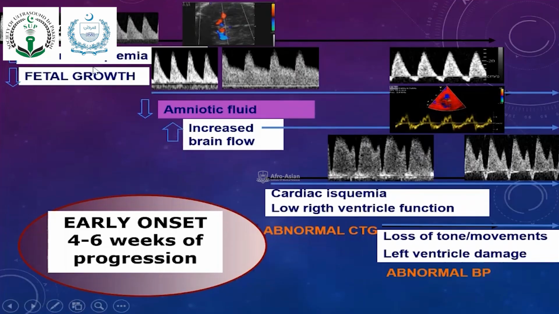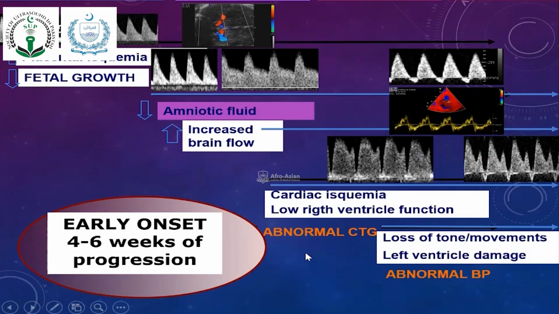This word is in Spanish because I took this slide from one of the renowned Spanish professors of fetal medicine, so it's not that word in English. Cardiac ischemia, low right ventricle function. So we can get abnormal CTG, abnormal BP, loss of tone and movements, left ventricle damage.